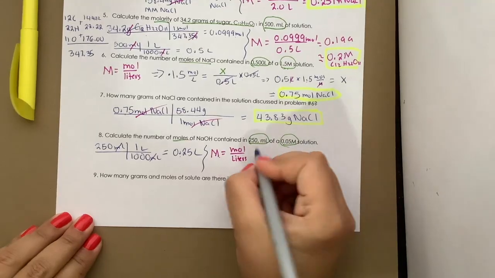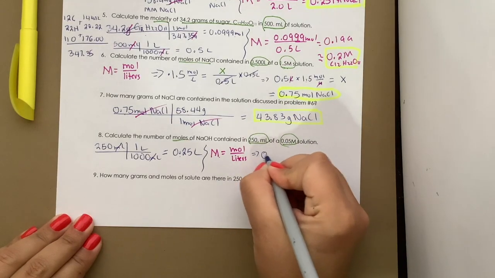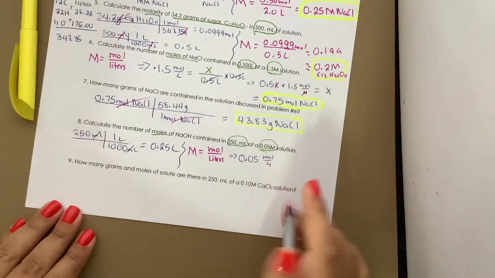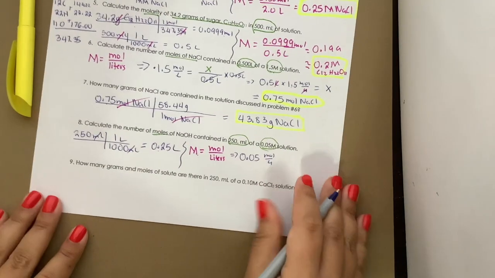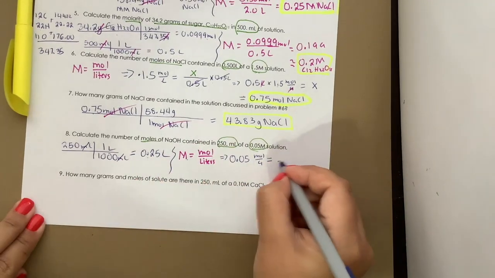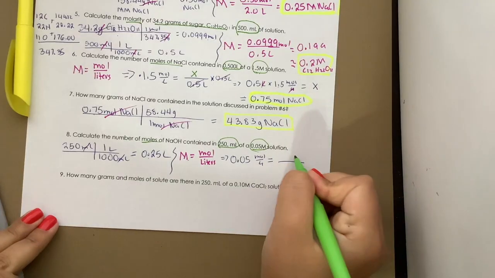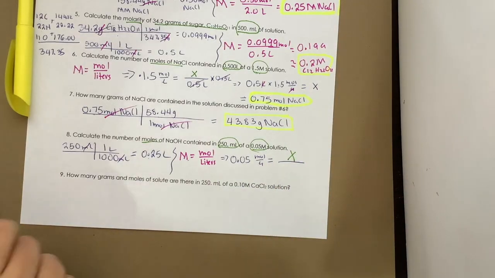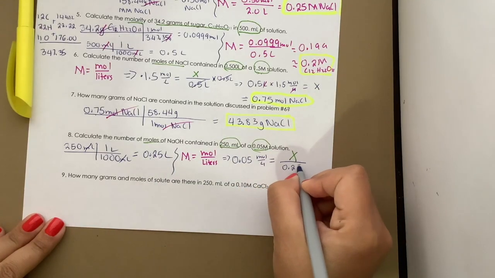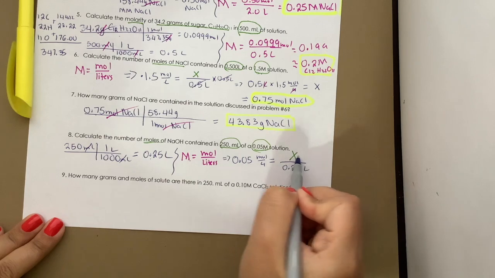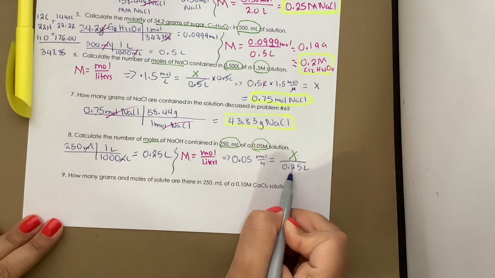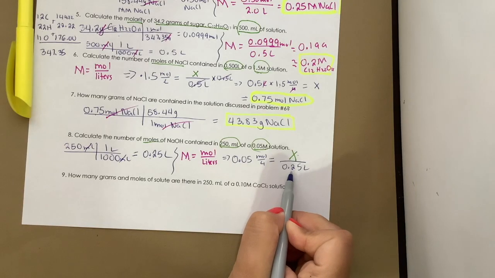So molarity is 0.05 moles over liter. Instead of big M, I'm going to write moles over liter equals moles. I don't know that, that's what they want us to figure out, so I'm going to put X, and liters, 0.25 liters. So to solve for X, I've got to multiply 0.05 times 0.25.